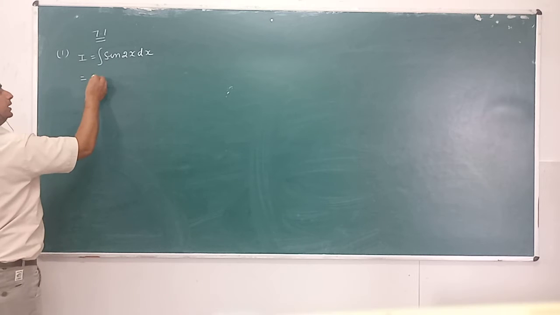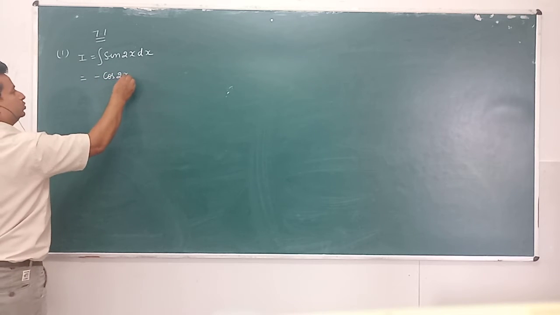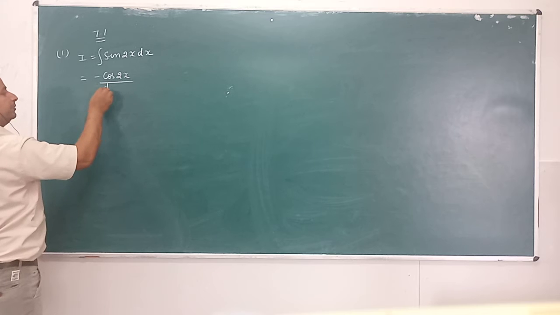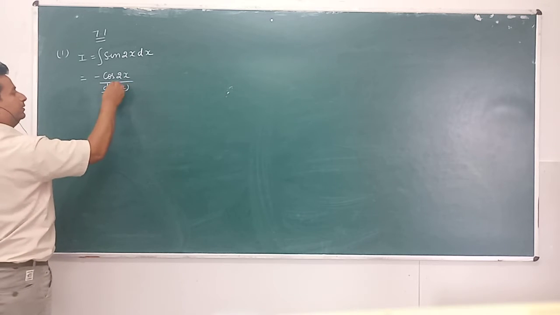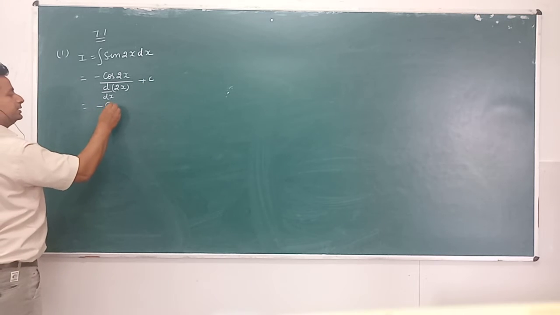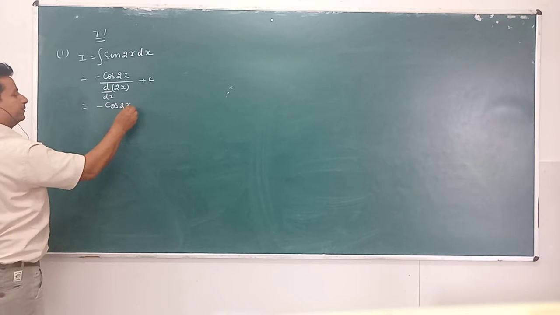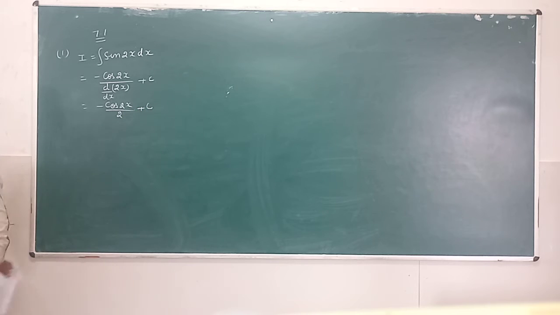As we know, integral of sin 2x is minus cos 2x divided by the derivative of the angle, plus c. So its integral is minus cos 2x upon 2. This is the integration of sin 2x.